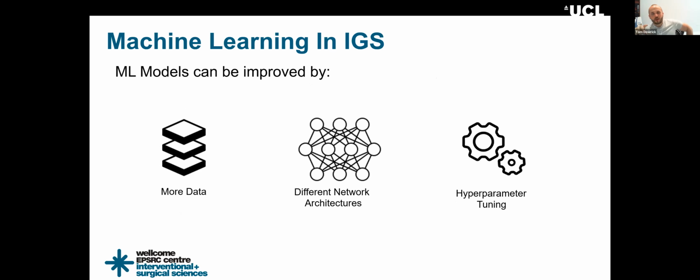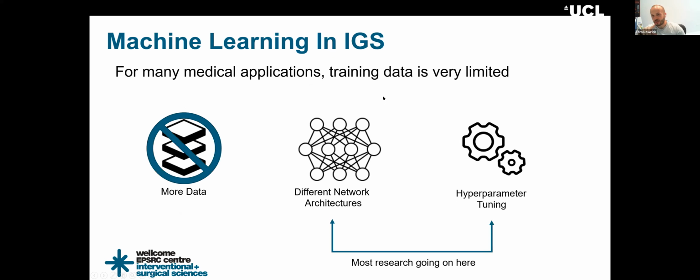If you're working on machine learning, there are a few different ways you can typically go about making your model better. You can add more data, you could look at a different network architecture, or you can do some hyperparameter tuning. But if you're working in medical imaging, it's very, very difficult to get more data.